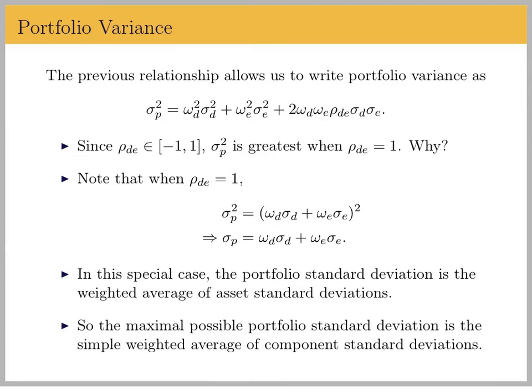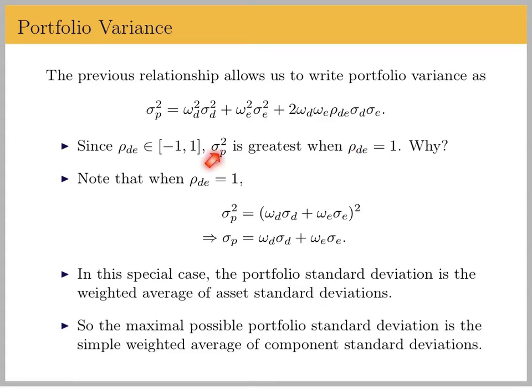And because we know the variance is biggest when rho equals 1, we know that the maximum possible portfolio standard deviation is just the weighted average of the individual standard deviations. And that for any other rho, it's going to be lower than that, because let's just recap the steps. When rho equals 1, that's when sigma p is the greatest, and also that's when sigma p is equal to the weighted average of the volatilities.